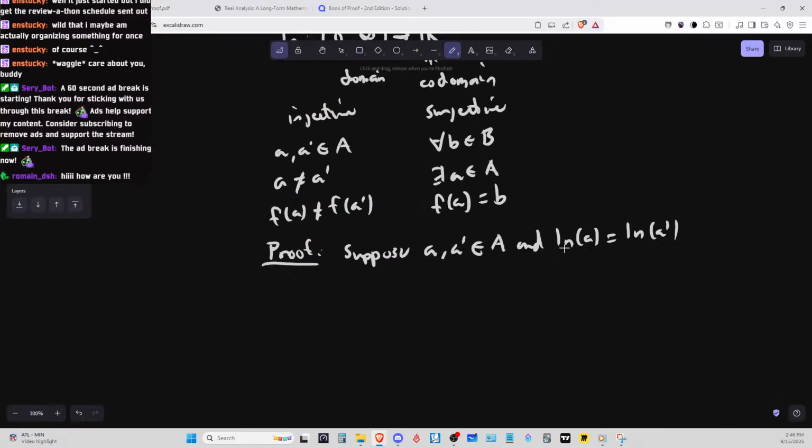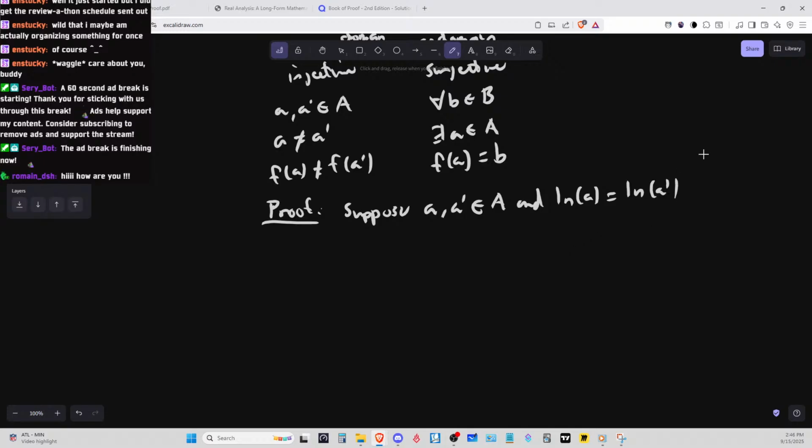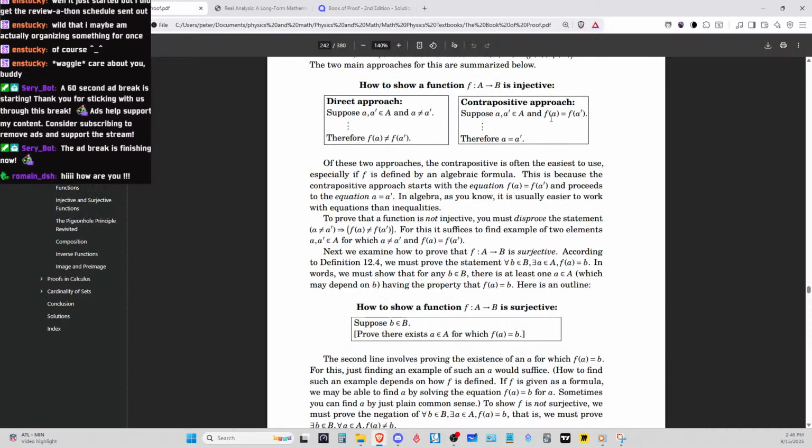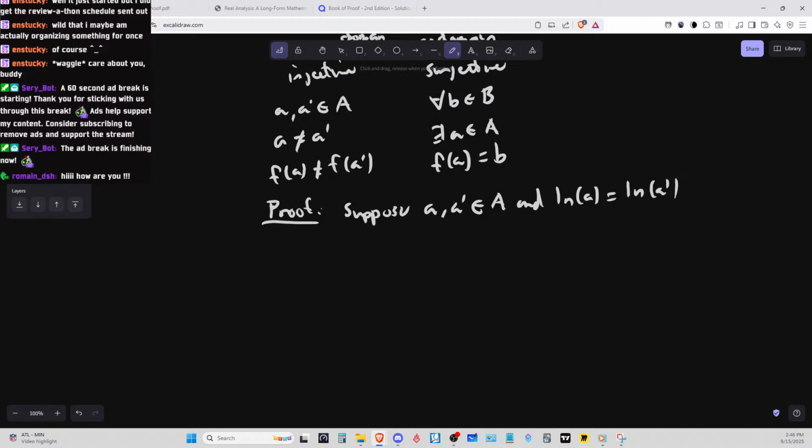So I think we have to solve for the variables, which are A and A prime.